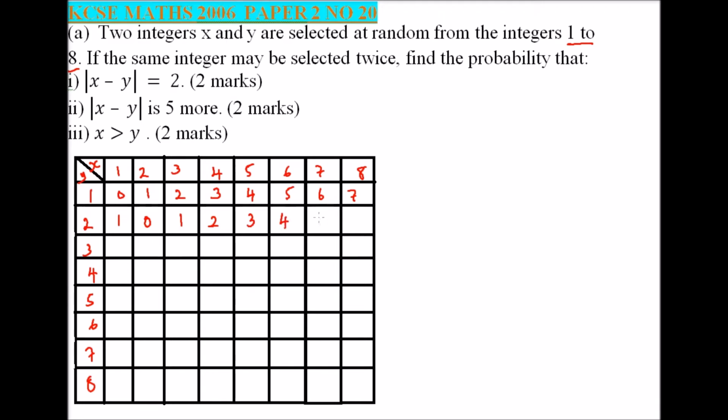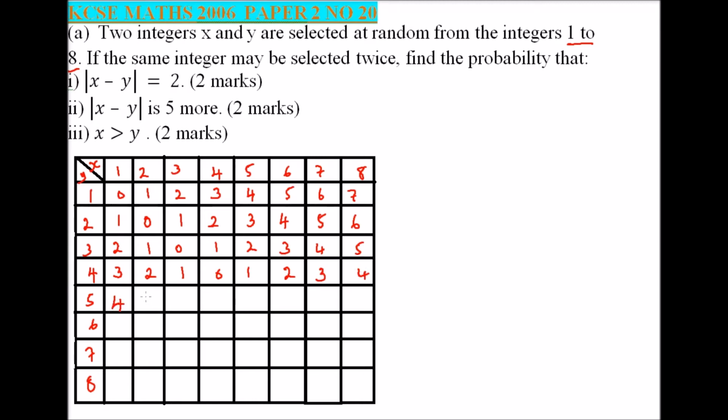So this is 5. This is 6. 3 minus 1 is 2, then 1, 0, 1, 2, 3, 4, 5. So 4 minus 1 is 3. We have 2, we have 1, we have 0, we have 1, 2, 3, and 4. 5 minus 1 is 4.